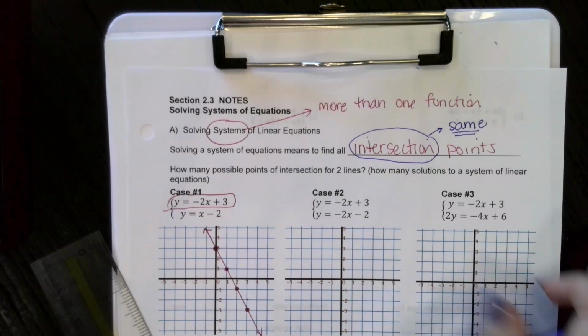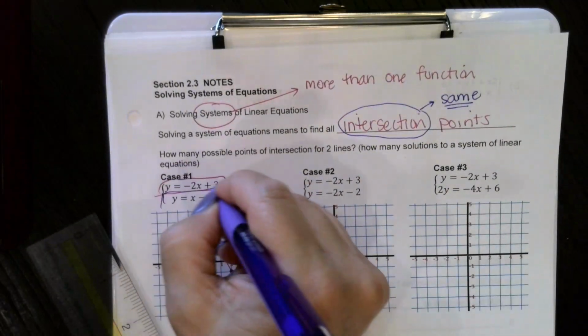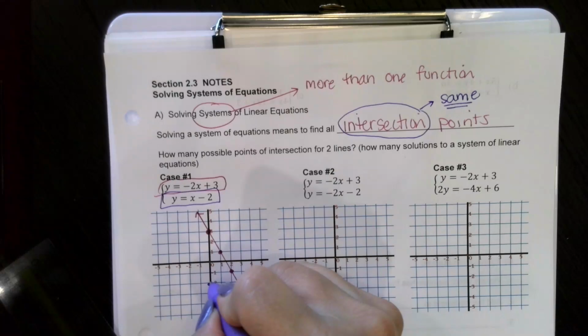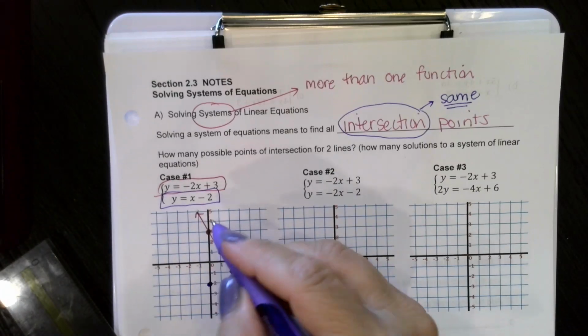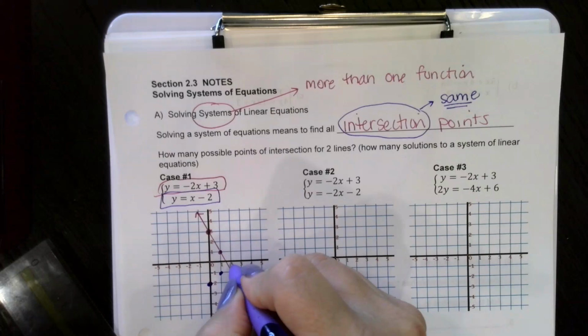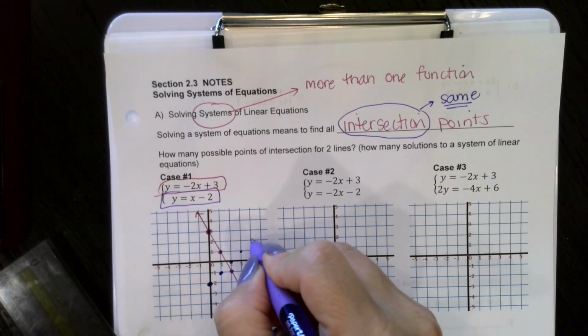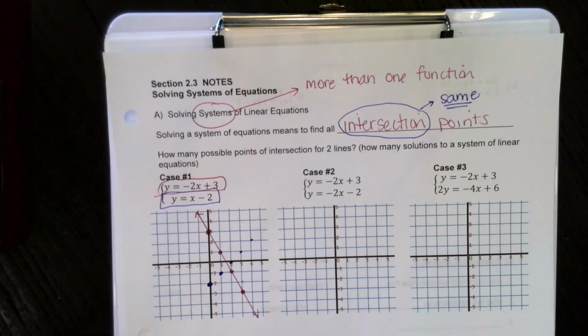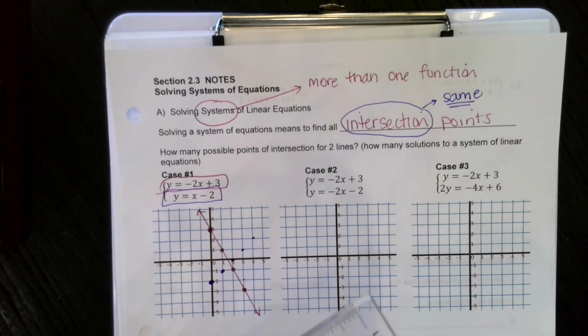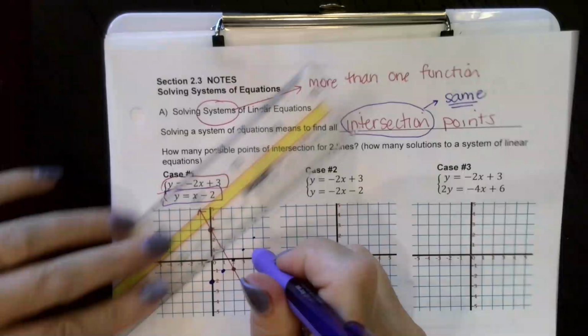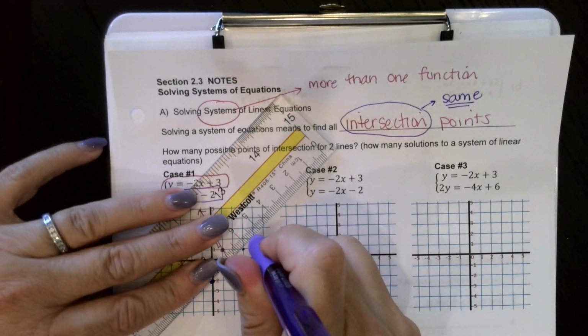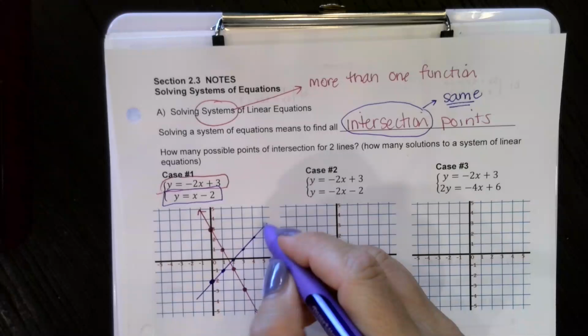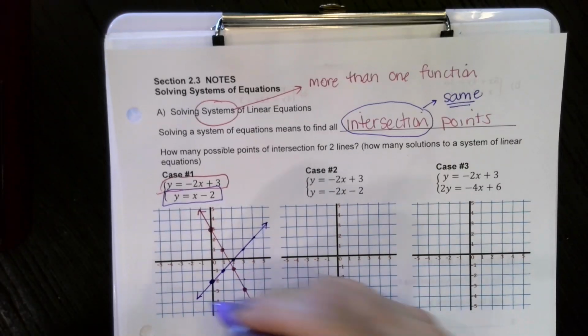And now I'm going to do a purple one. That's this line right here, and I'm going to start at -2, and my slope here is 1, so up 1 over 1. And this is my line.